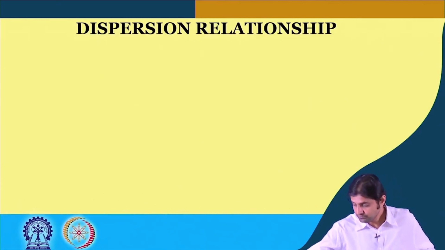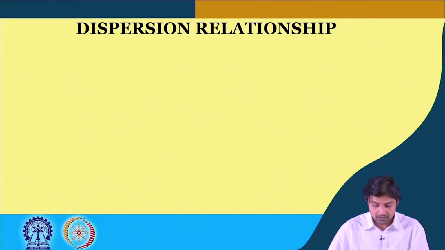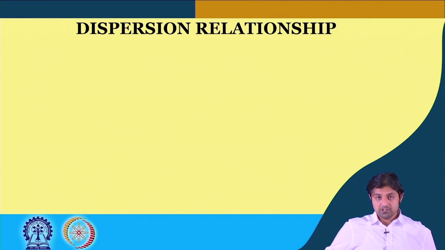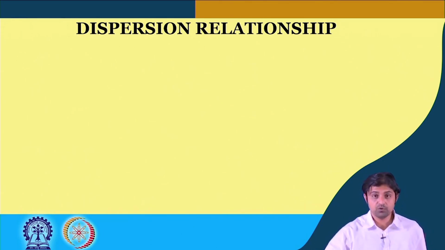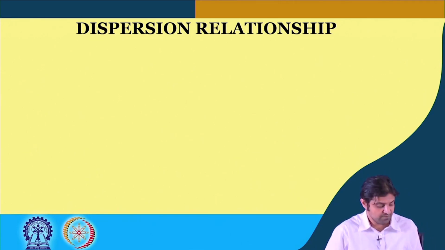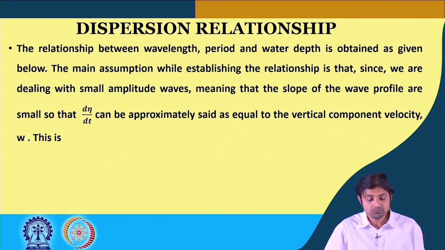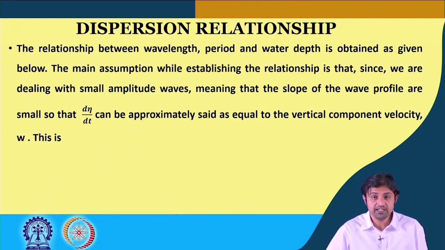Now, one important thing after this derivation of the velocity potential is something called the dispersion relationship. That is one of the core concepts of wave mechanics. So, the relationship between wavelength, wave period and water depth is obtained as given below, for the dispersion relationship.